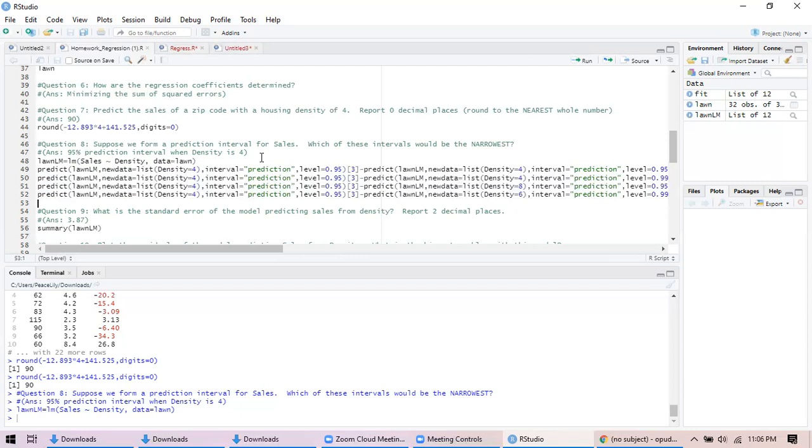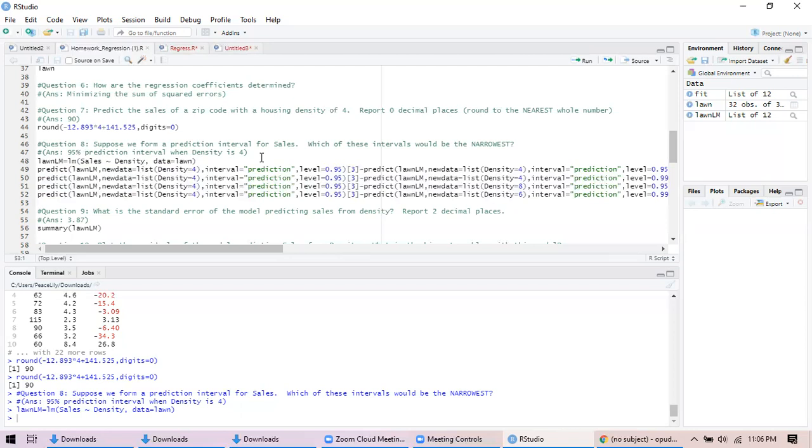We did something similar to this one before, I think it was 6.1. So pretty much a prediction interval is where you estimate where a future observation is going to fall. Okay, yeah, that's what that is.